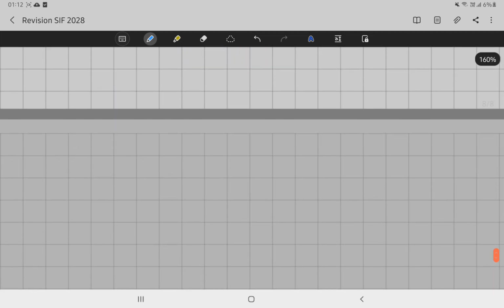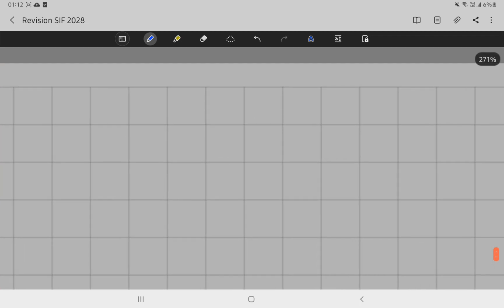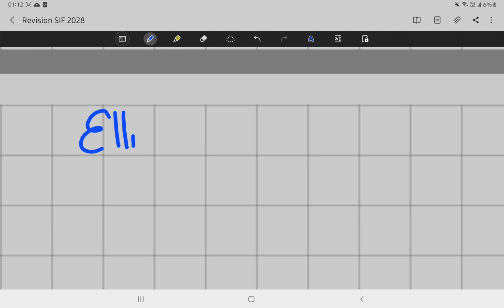Last is the elliptical function that we have learned. This is the last chapter on the special functions, elliptical. This is very easy.